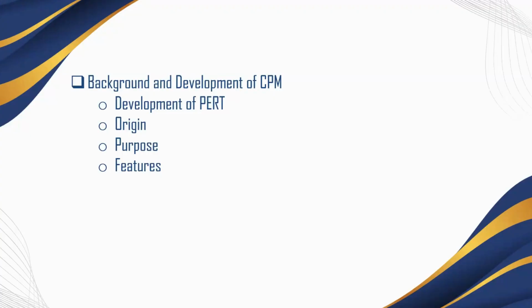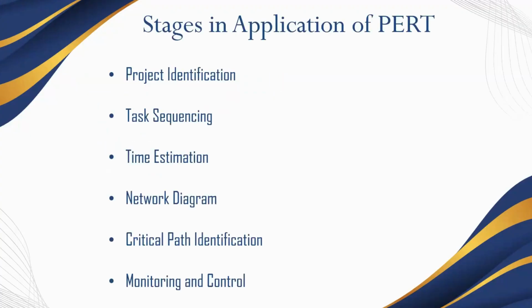Stages in application of the PERT. Project identification. In project identification, the project scope and objectives are clearly outlined, including the goals and the objectives and the deliverables accepted upon completion.